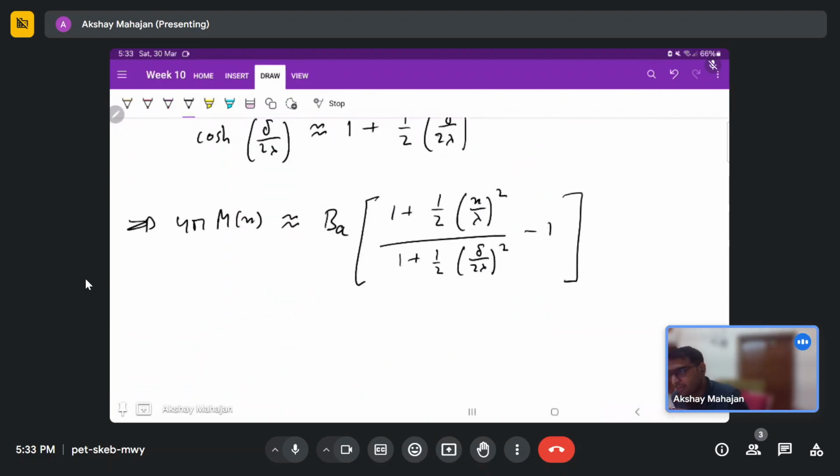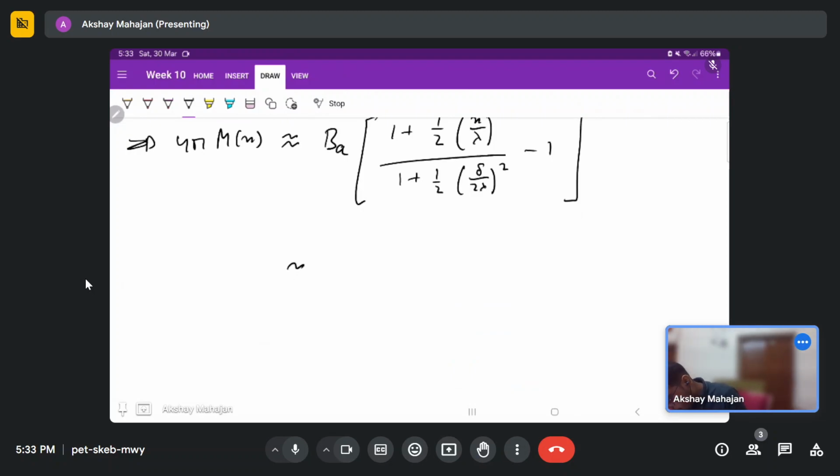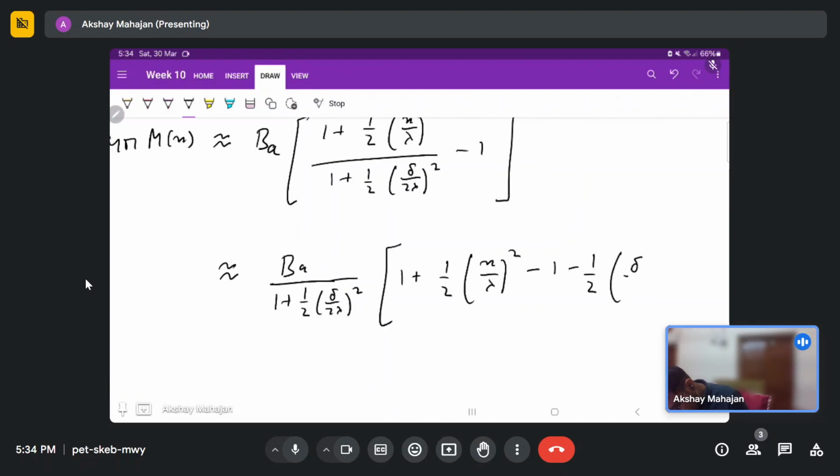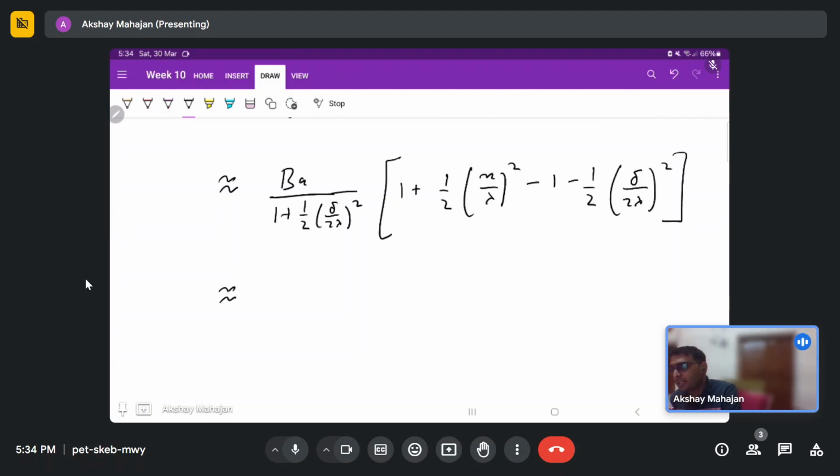So we can approximate our multiplication like this, and I can take this constant out, which is half (δ/2λ) whole squared, so that will be equal to 1 plus half (x/λ) whole squared minus 1 minus half (δ/2λ) whole squared.